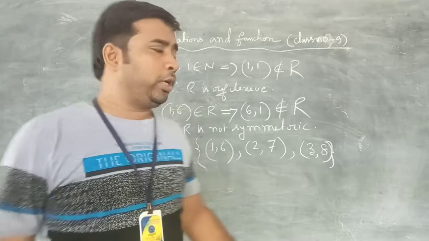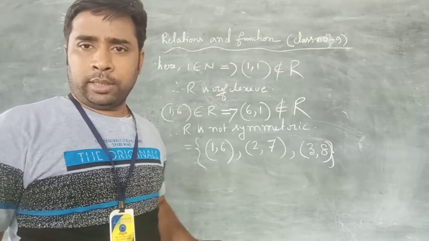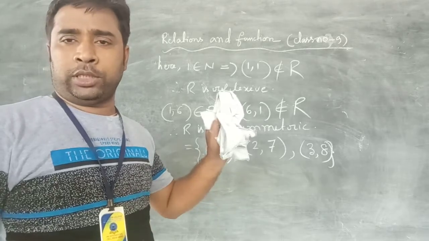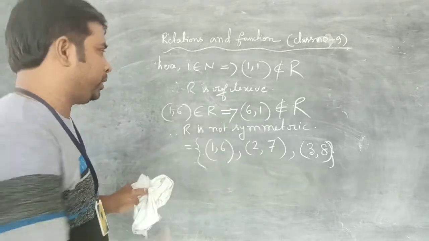That means if we cannot take the elements according to the definition, then automatically it will be a transitive relation.